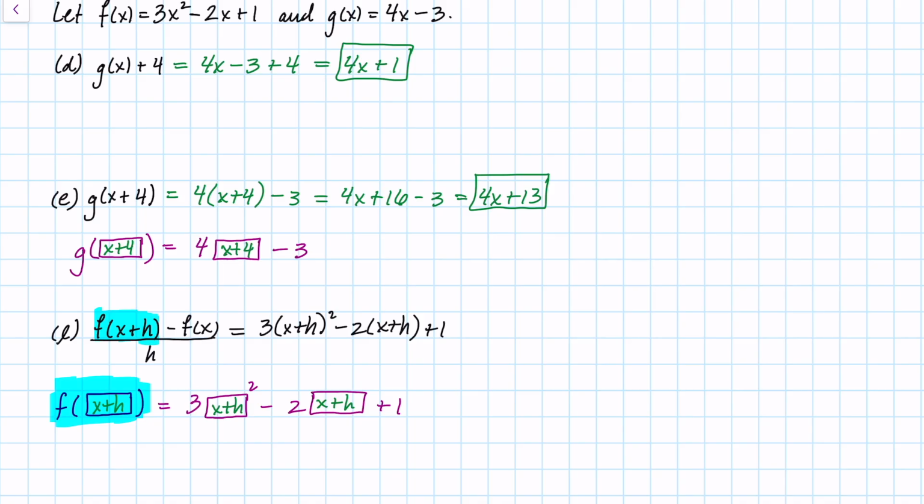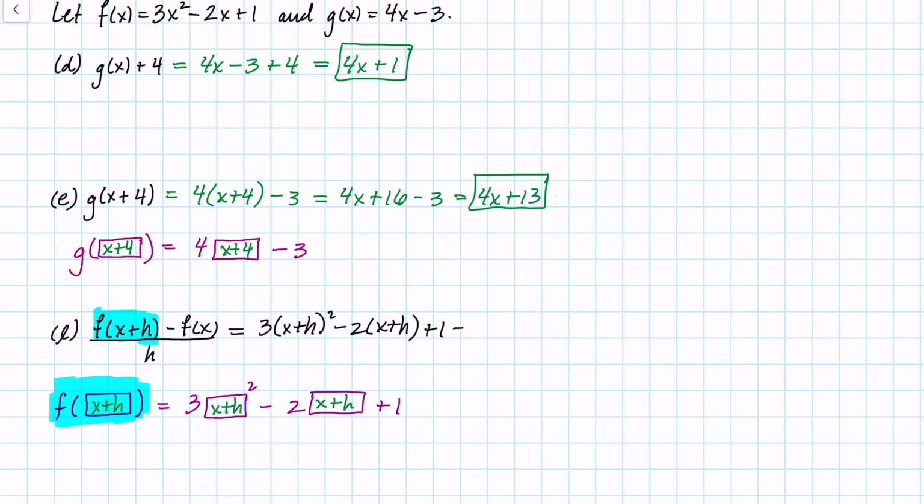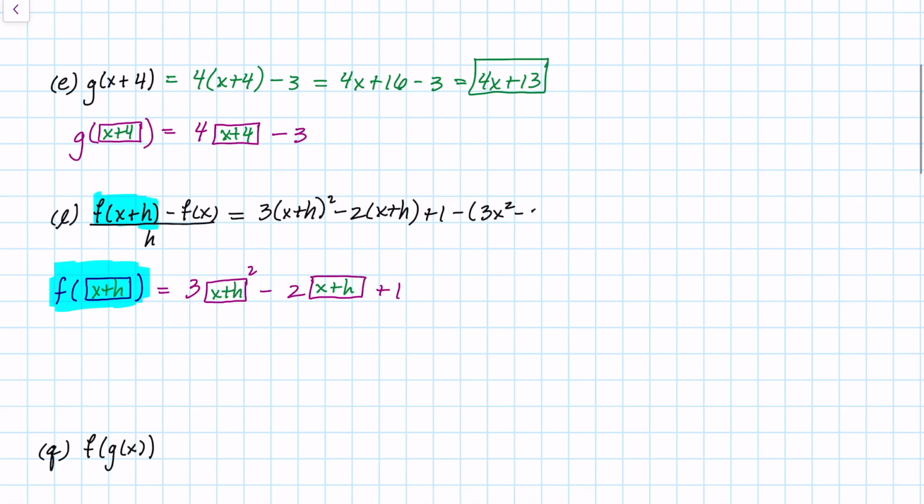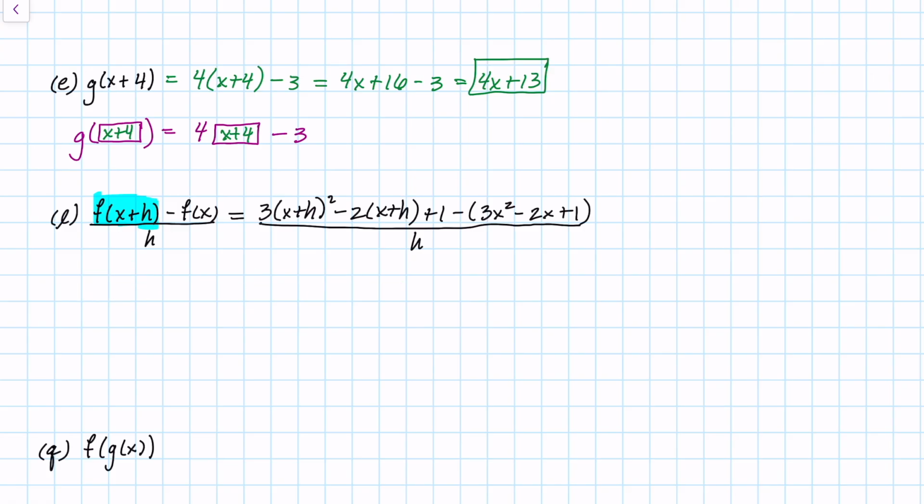That is just the blue part. And then I'm going to subtract the entire f of x function, and that is 3x squared minus 2x plus 1. And I'm going to divide all of that by h. And I'm going to get rid of this part over here because I'm going to need more space.